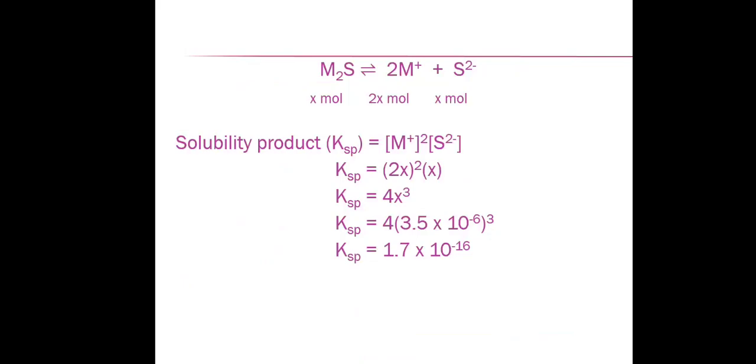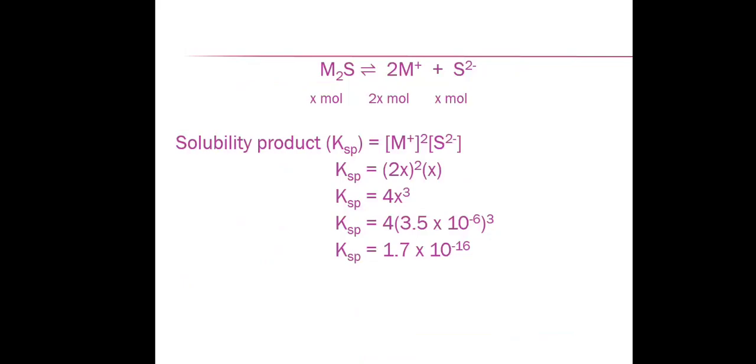So what will be the solubility product equation? It will be the ionic product. So the ions are M plus and S2 minus. We are taking the product, and M plus is raised to the power 2. Why? Because the number of times it occurs in the dissociation equation is 2. That's why we are raising it to the power 2. Then the concentration of M plus is twice X, as we can see in the equation.